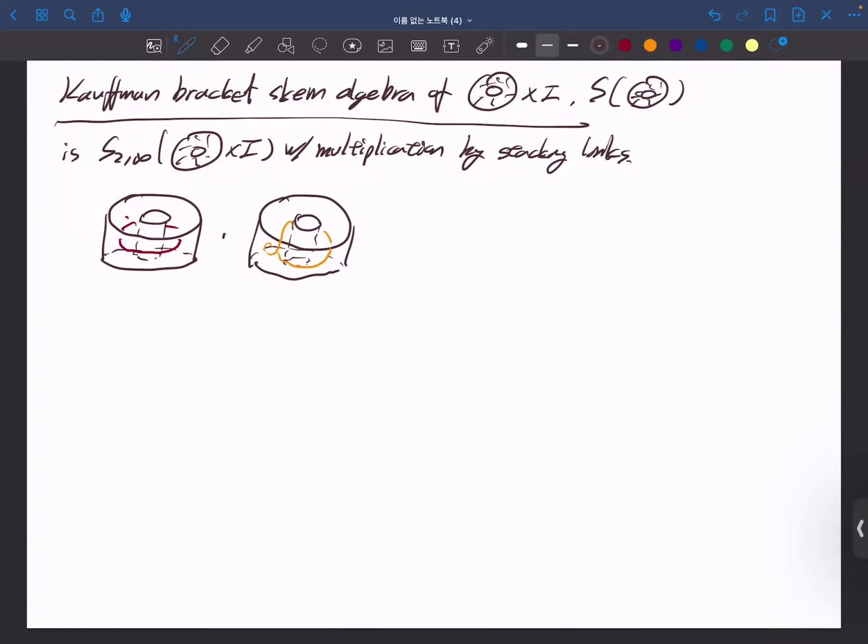Then their multiplication is defined by literally stacking them. We put the first one on the upper part and the other one here.